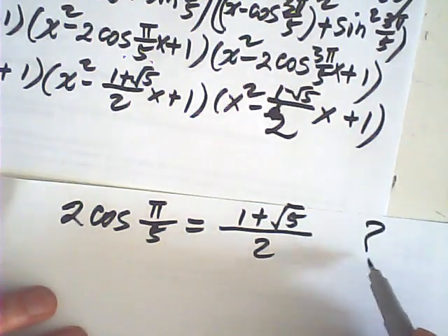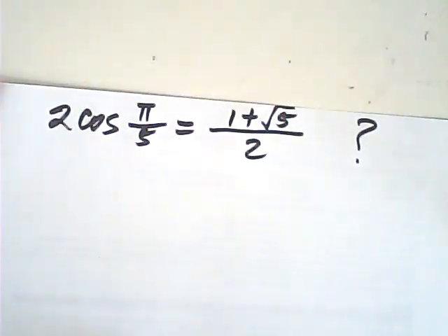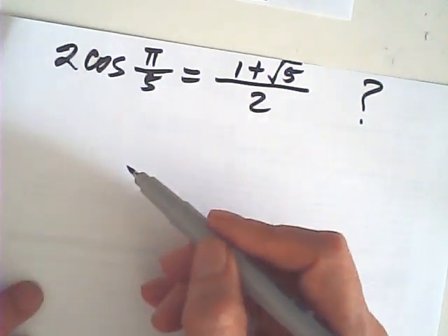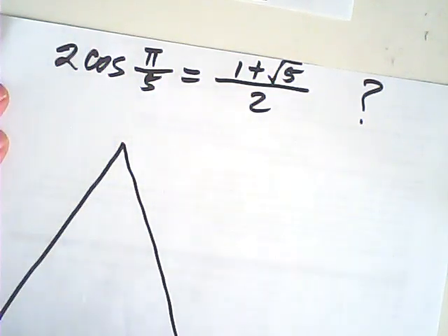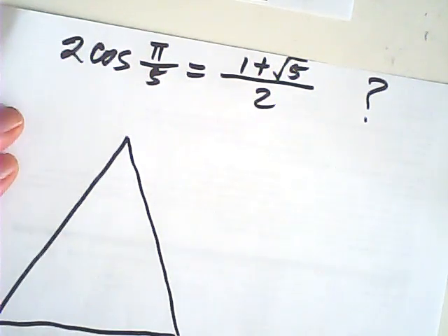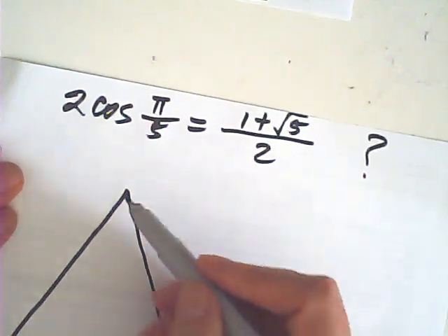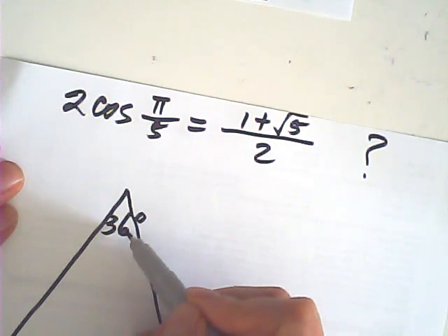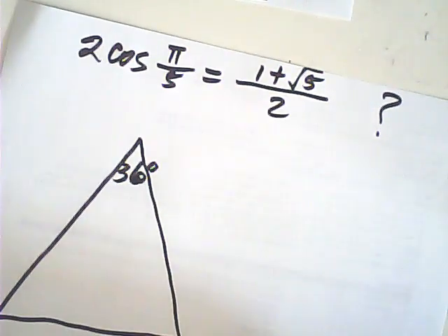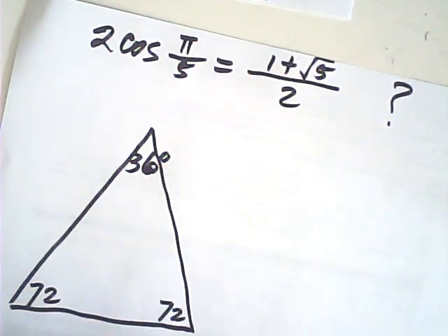I want to prove this. Okay, it's a tough job. Now I'm using isosceles triangle. Pi over 5 is 36 degrees. Let me use the degrees for a while because easy to recognize. This will be 72. This is 72. This is isosceles triangle.